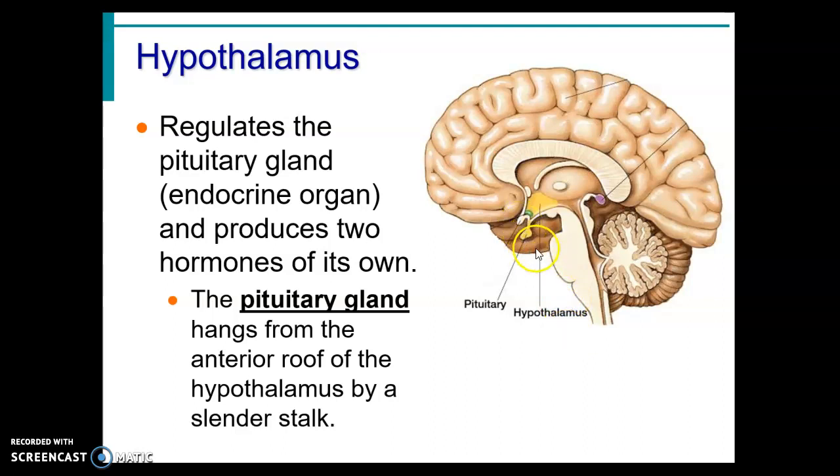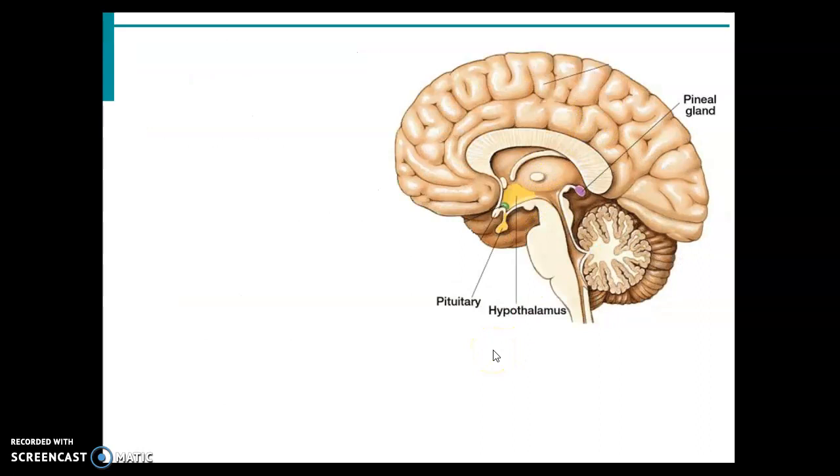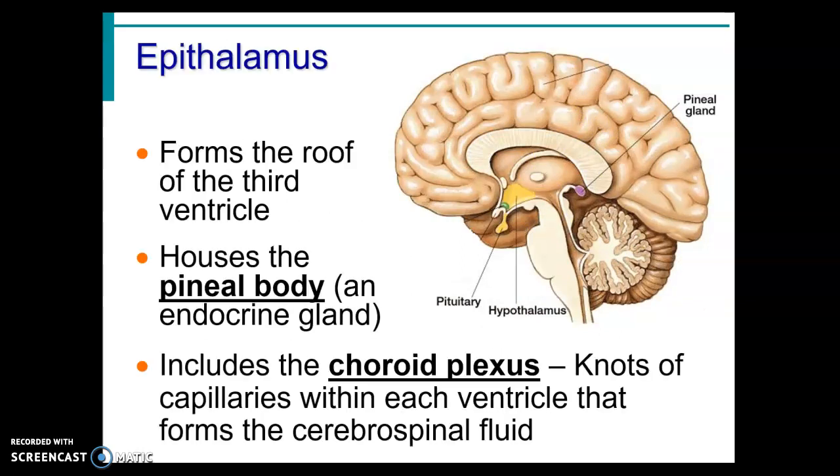The pituitary gland comes down and stimulates the thymus gland to do what it's supposed to do. It stimulates the thyroid gland, the adrenal gland. All the glands in your body are regulated by what the pituitary gland can do, and that pituitary gland is regulated by the hypothalamus, which receives signals from the brain. So, extremely important part of the brain as well.